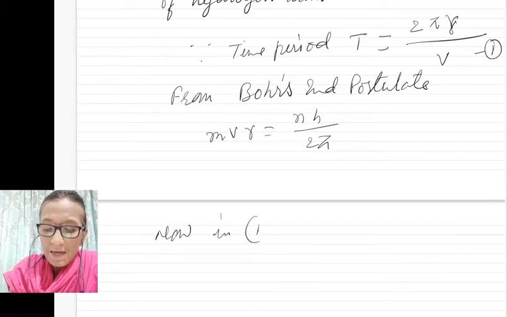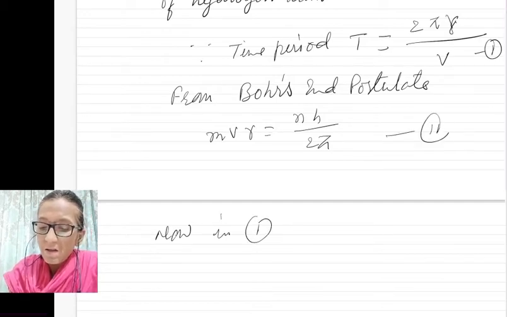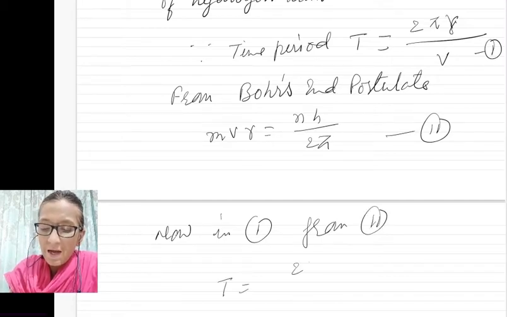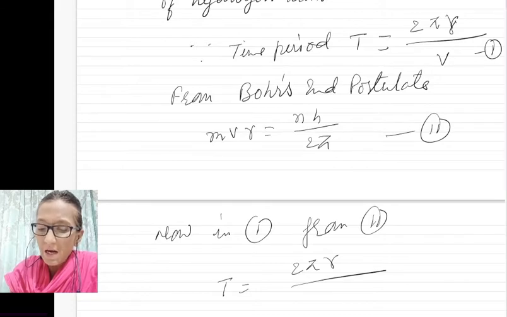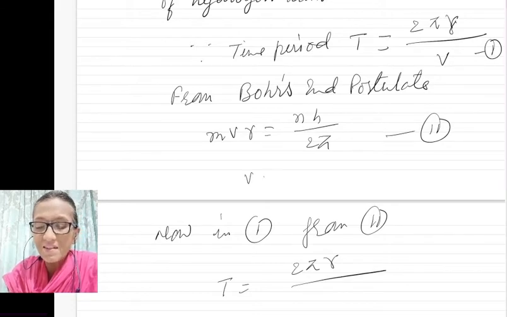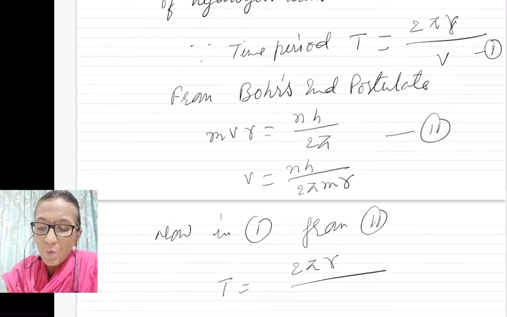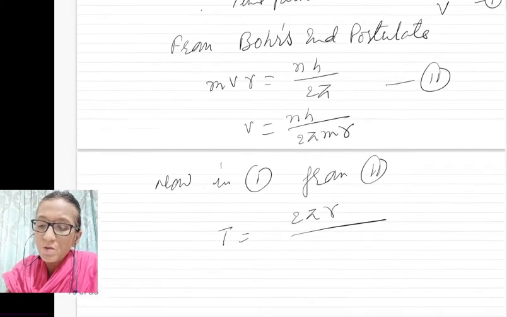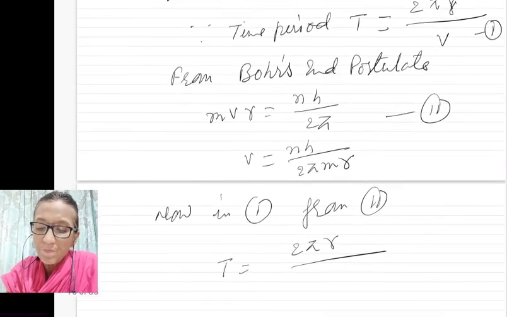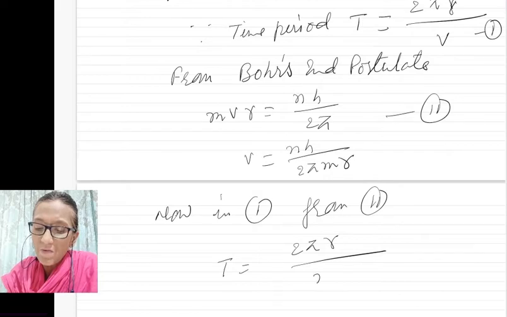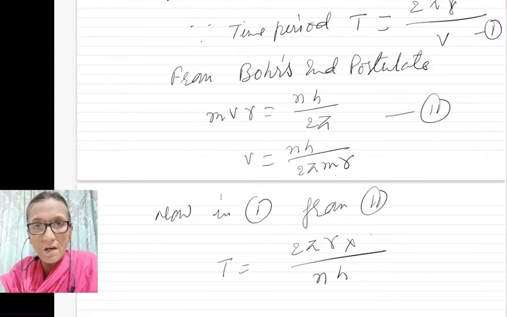Now in 1, from 2, time period will be equal to 2 pi r divided by the value of v, and from here you can find the value, v is equal to nh divided by 2 pi mr. So time period is 2 pi r by v. Okay, v is nh into 2 pi mr, this term will go in numerator.